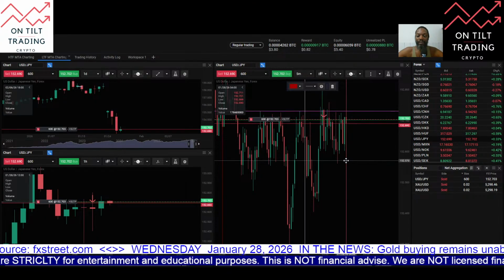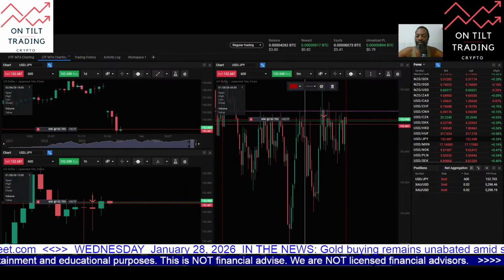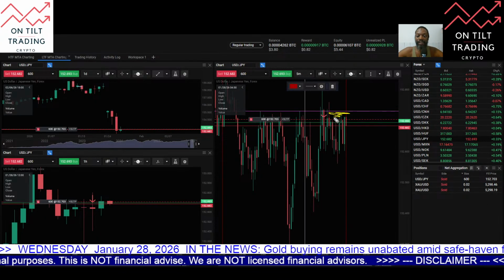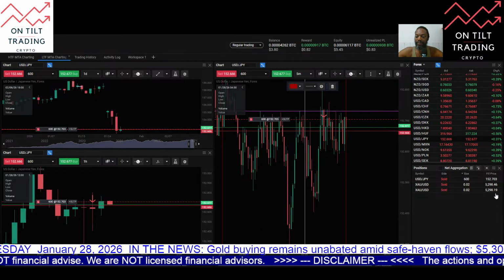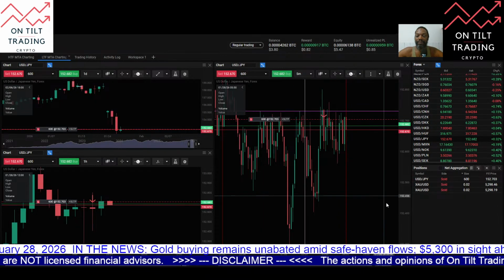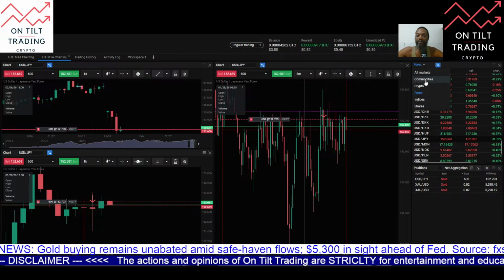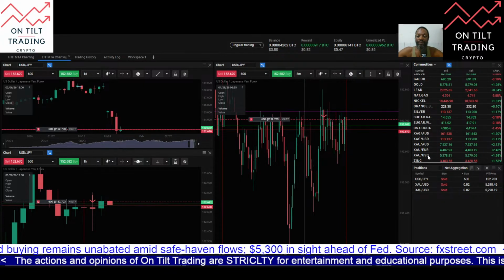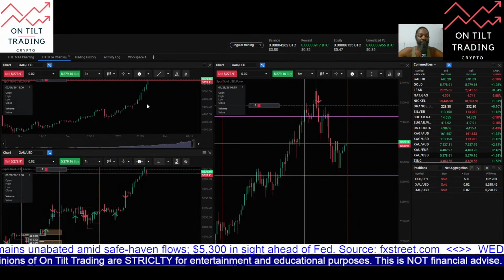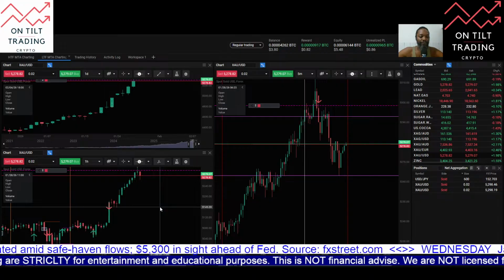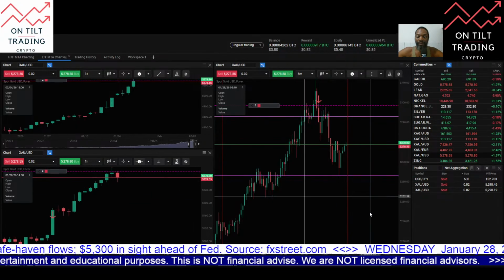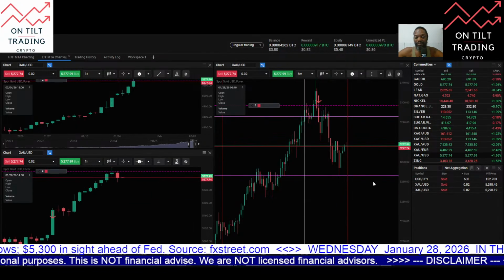Price trading back near the high of the range here, and then seeing some sell side delivery since then. And have another look over here at gold. See gold still pulling back here.